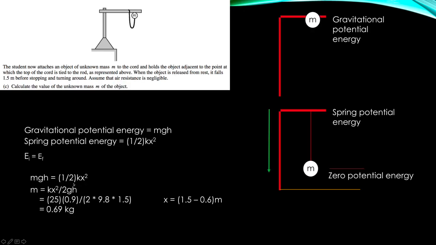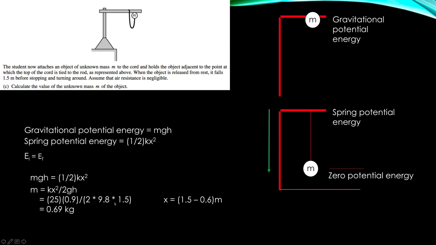That's the unstretched length, the natural length. So x, by definition, is how much the spring stretches, not the total length of the spring. So x is actually 1.5, the total length of the string, minus 0.6 meters, which is the length when it's not stretching. So the total length that the spring stretched is 0.9 meters, which is why we have 0.9 here for x.